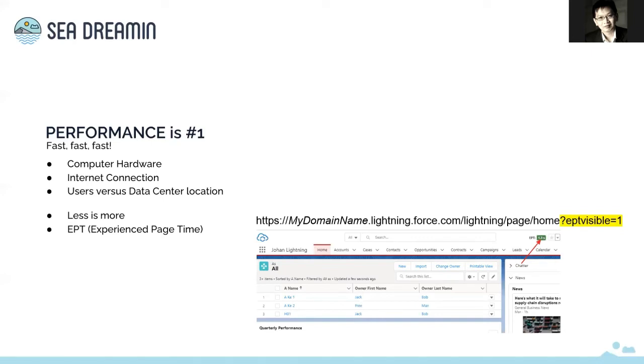There's one thing that you can use to check how long a page takes to load, how many seconds. You just add the suffix equal EPT visible equal to 1. So these numbers will show you how long the page takes to load, whether it's a home page, account page, list view, case or whatever record.